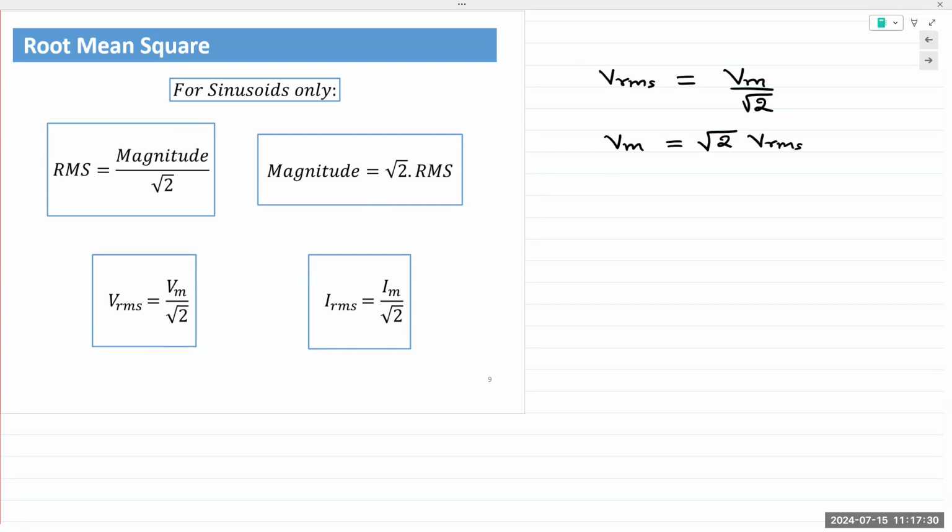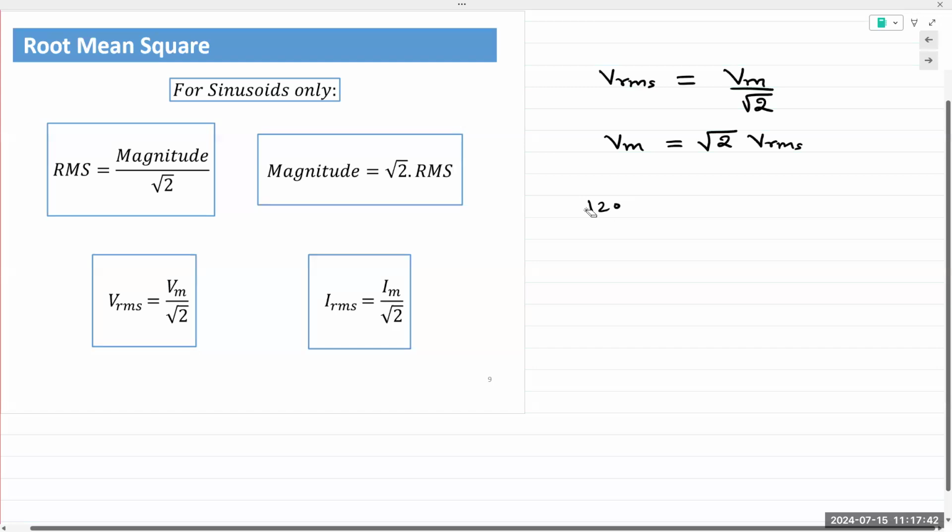Now, at this point, I'd like to ask, take a guess at what quantity is being represented by the 120 volts of our power outlet. Is it RMS or peak?